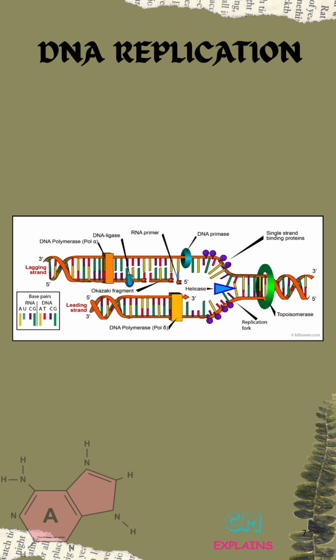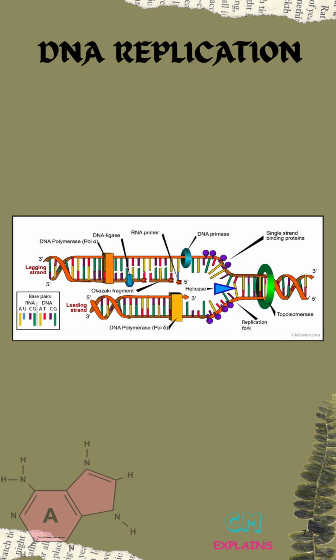It replicates in the 5' to 3' direction. Let's talk about the leading strand. The leading strand replicates continuously and only needs one primer. It moves in the same direction as the replication fork.